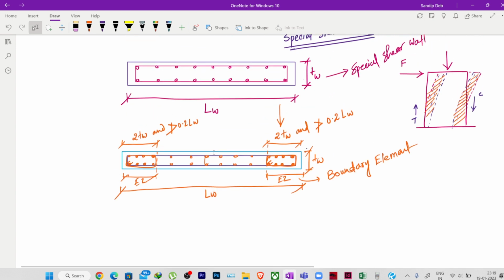Suppose, obviously, here we will be having tension, here we will be having compression.